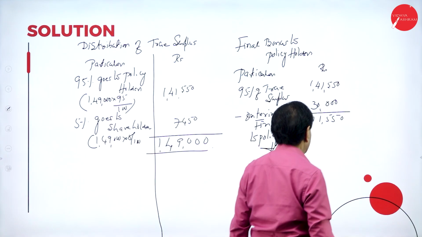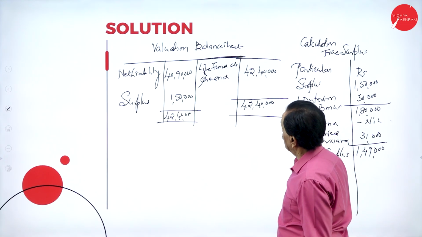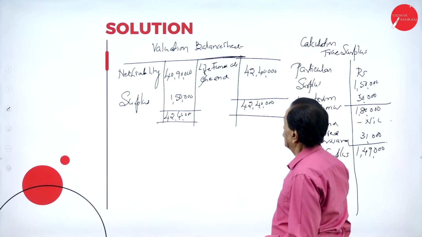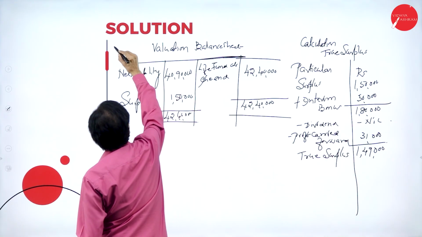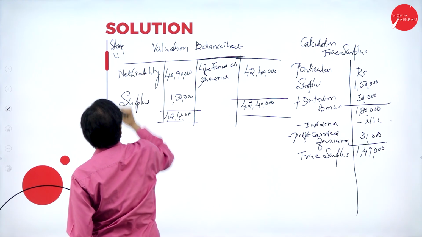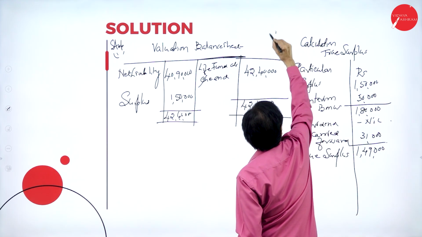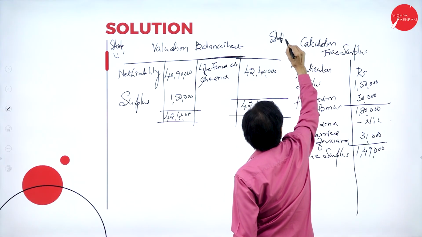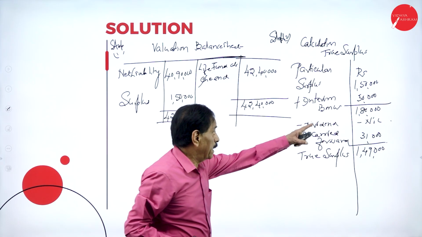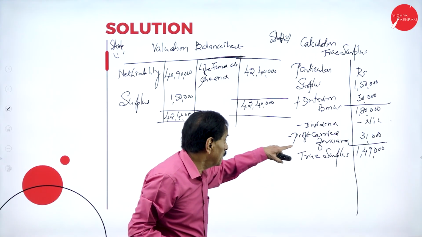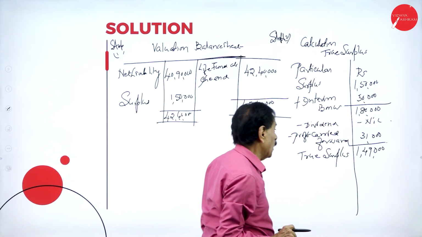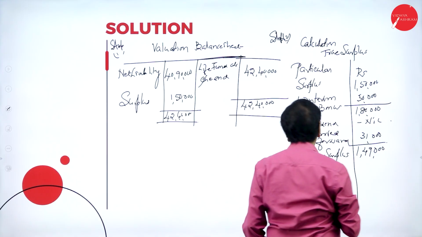So hope you followed step by step. What is the first step? Valuation balance sheet, find out the surplus. This is step number 1. Step number 2: surplus, add interim bonus, minus dividend, there is no dividend, minus profit carried forward. How much available? 1,49,000.